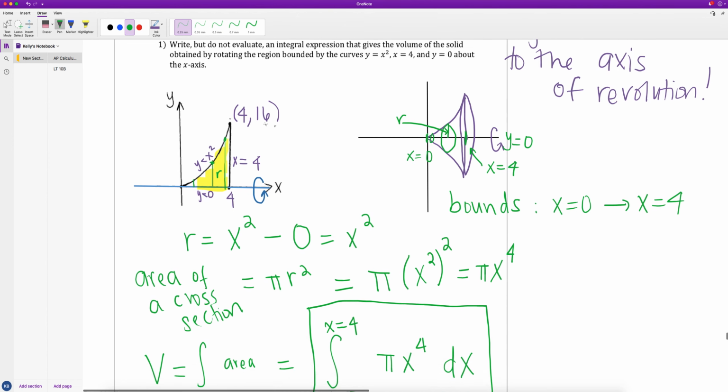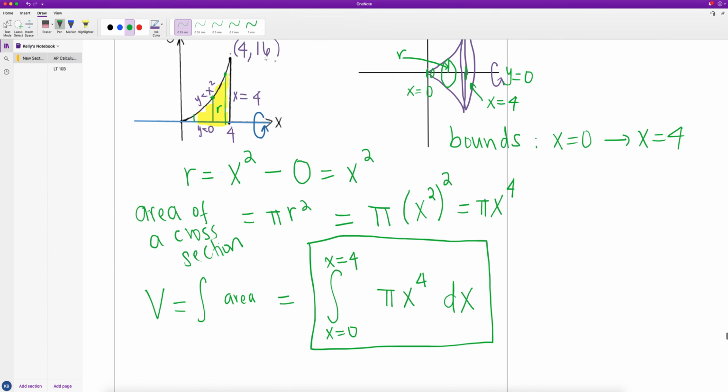From there, we can use the area of a circle, which is the area of our cross section, so pi r squared. Now that I have my radius, when I plug it in, I can simplify it and I get the area of my cross section. And then to get my final answer, the volume is always going to be the integral of the area of our cross section. So substituting everything in appropriately, I end up with my final answer for volume.